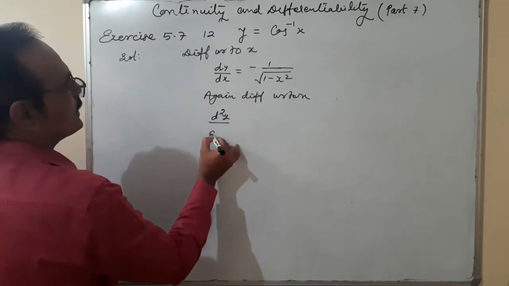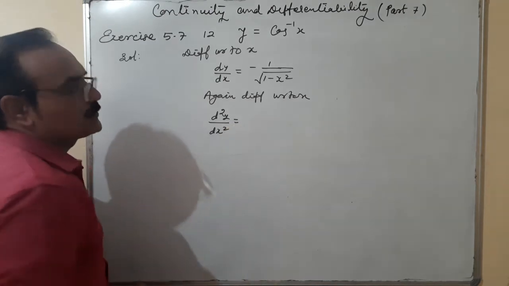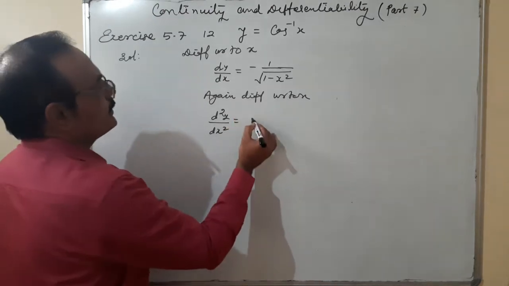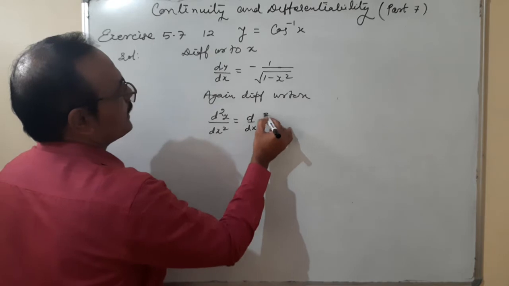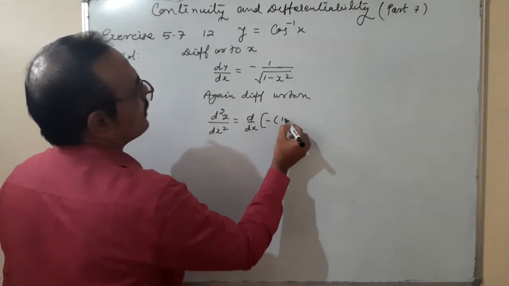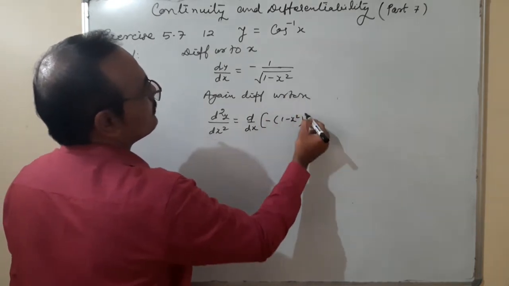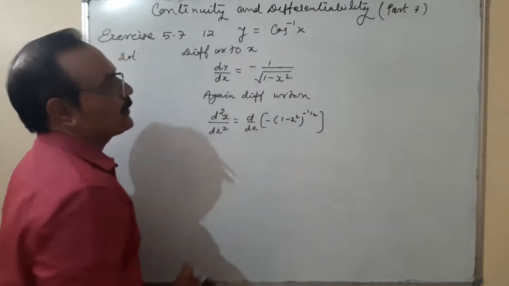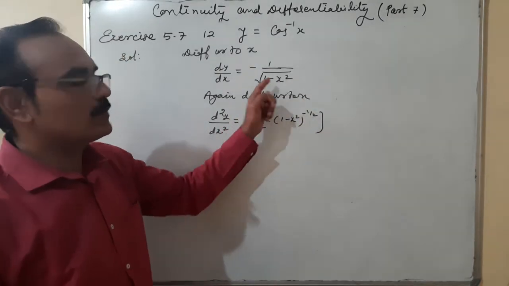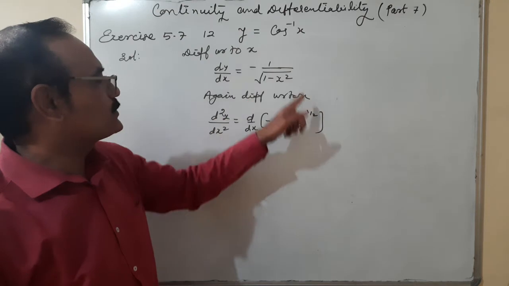For d square y by dx square, I may write dy by dx as minus 1 minus x square to the power minus 1 by 2. When you open the root, 1 minus x square to the power 1 by 2 gives the power minus 1 by 2.